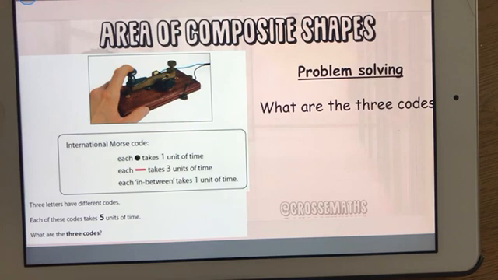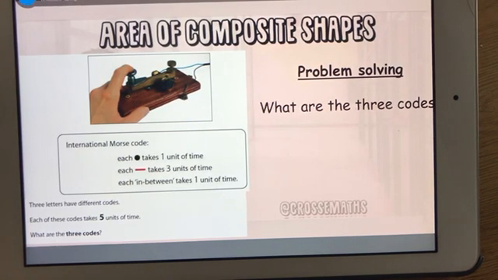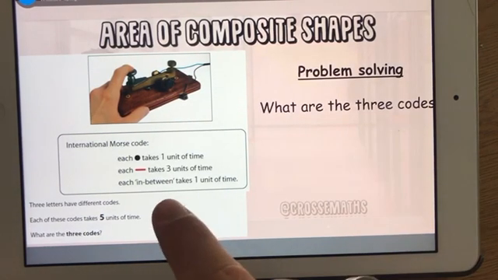Last 30 seconds on this, guys. Right then, guys, so 3 codes to take up 5 units at a time.